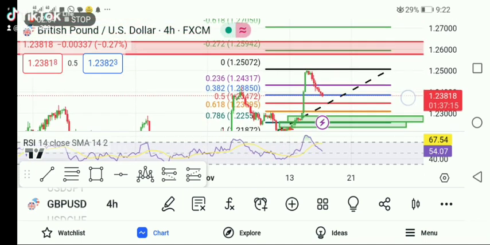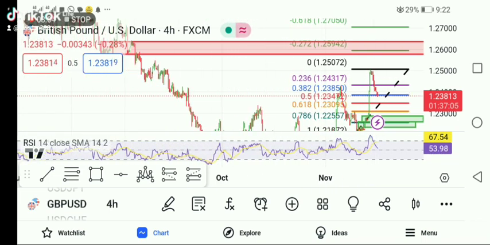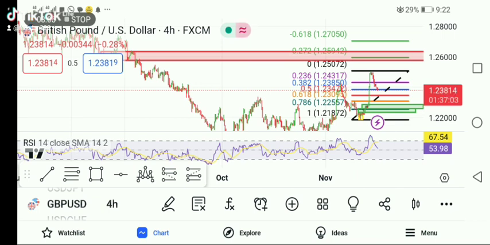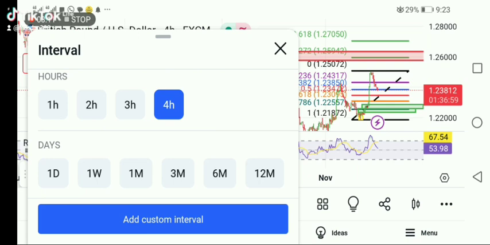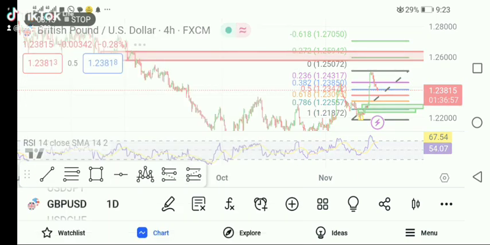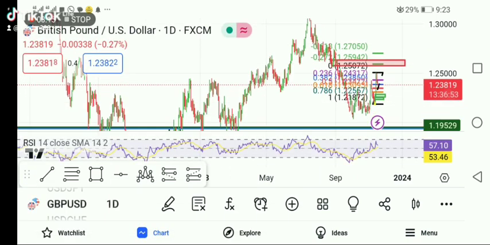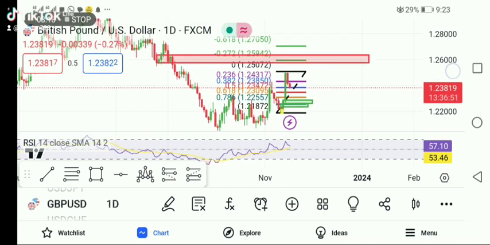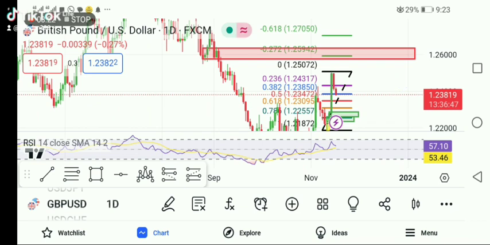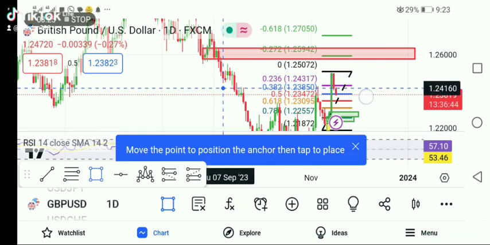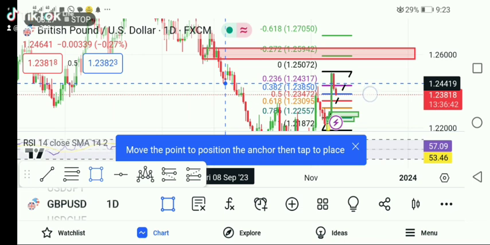Although I have removed it, this price rejected from a supply zone here. Let me show you guys the importance of demand and supply zones. Price actually rejected from a supply zone here. So look at my previous supply zone here.